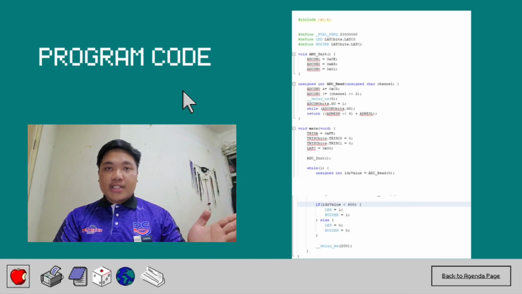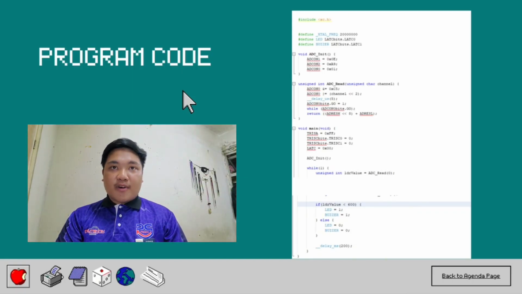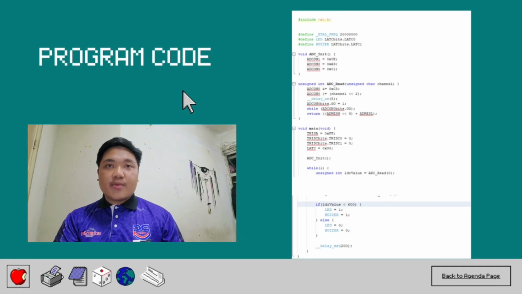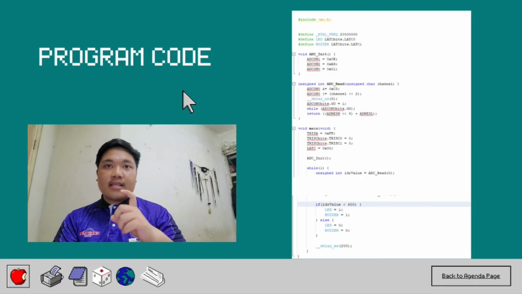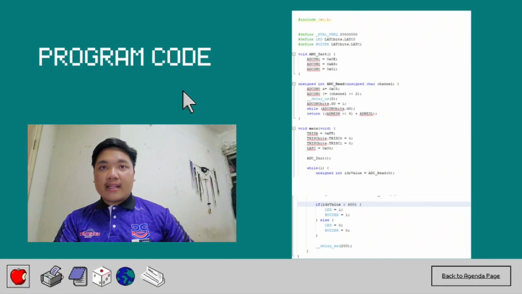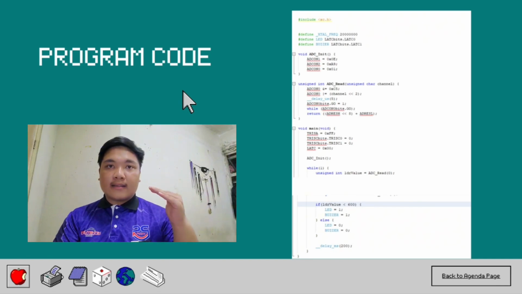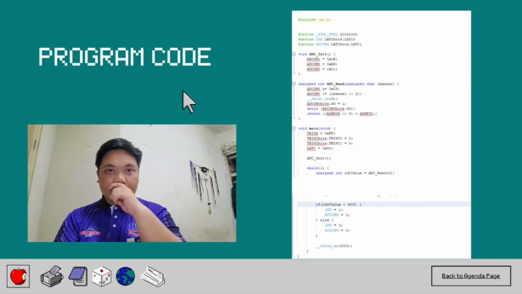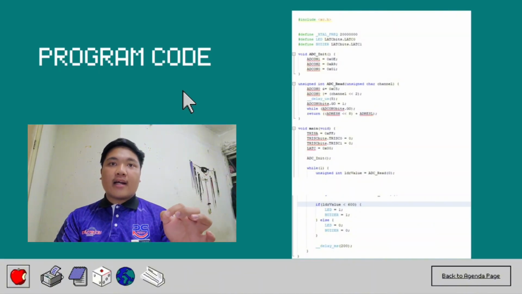And for the main function, we have void main(void), where we set TRISA, TRISC bits, TRISC1, and we have the LATC and all of that, until the buzzer equals 0.